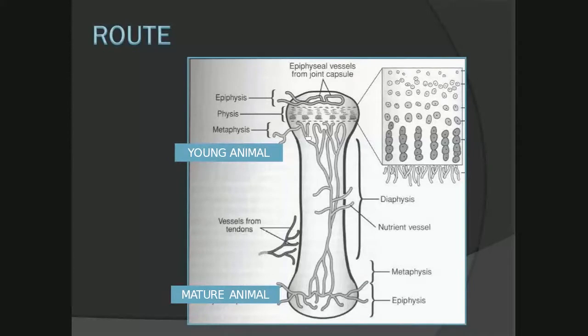So any bacteria or other infectious agents can localize in this area, and this is the reason for the metaphyseal location of hematogenous osteomyelitis. This is in contrast to the mature animal, which doesn't have its own metaphyseal supply. In the mature animal, if hematogenous osteomyelitis were to occur, which is quite uncommon, it would enter via the diaphyseal supply.